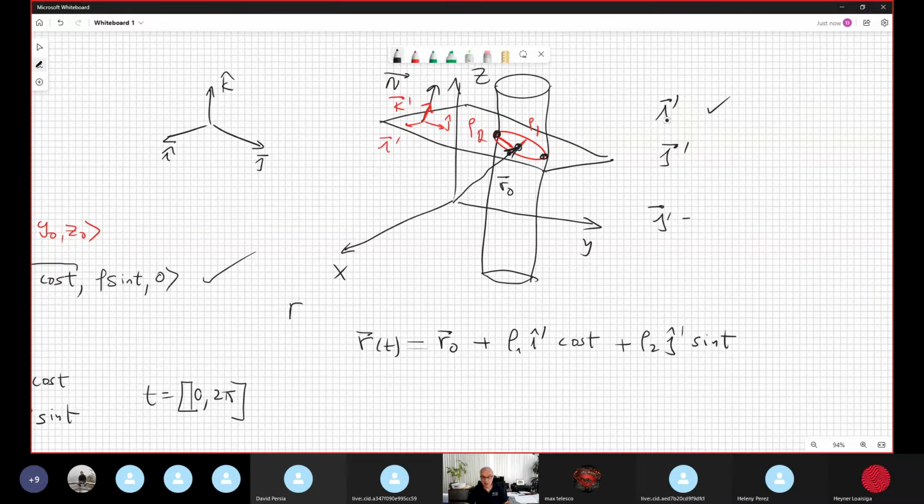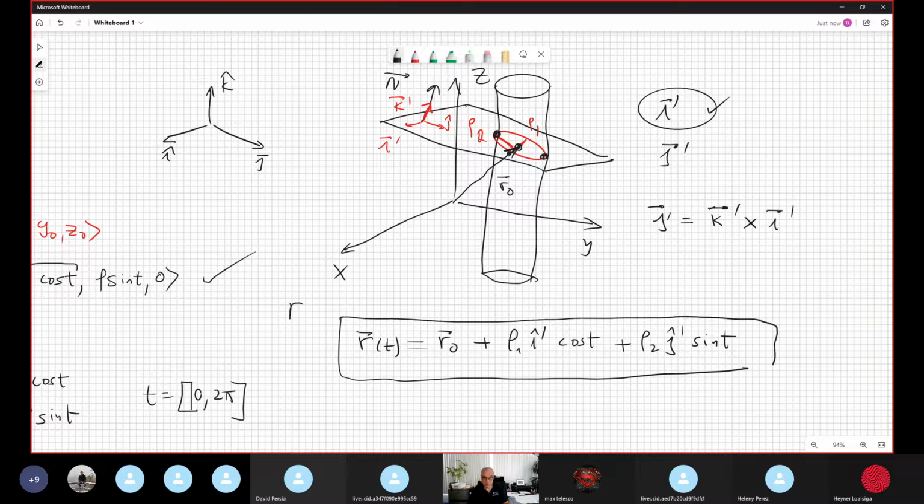The J prime vector is equal to the K prime vector cross product I prime vector. So you have I prime using two points, and you perform the cross product. Or you find another two points in the direction of y and determine J prime. And you find this in vector valued function.